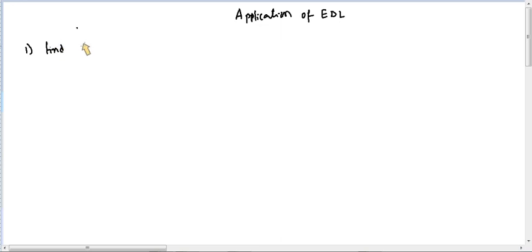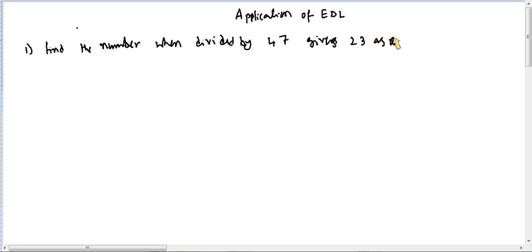Find the number when it is divided by 47 and gives 23 as quotient and 37 as remainder.